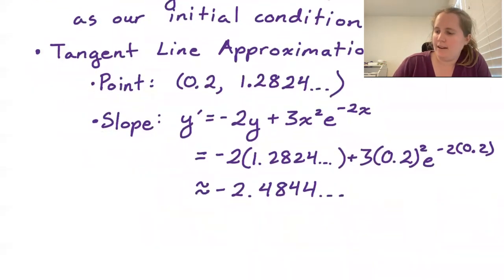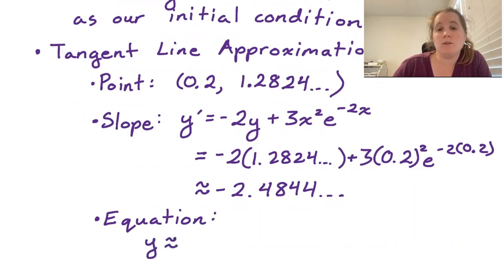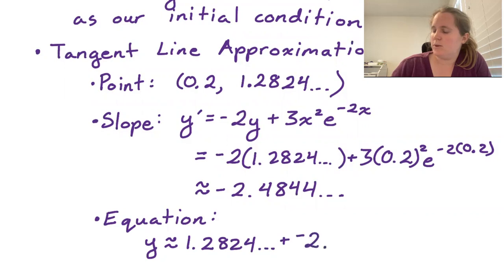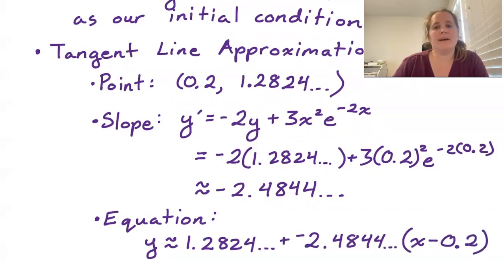So our line, our equation, would be y is approximately our initial y value, 1.2824, plus that slope, negative 2.4844, times x minus 0.2, our current initial x value.